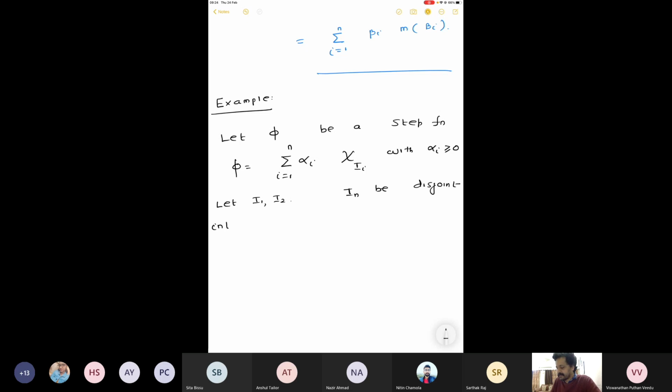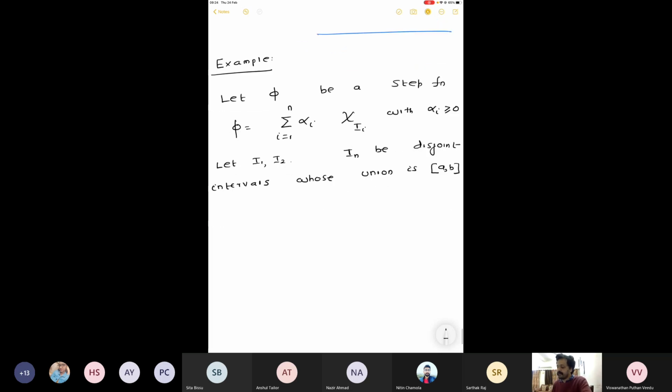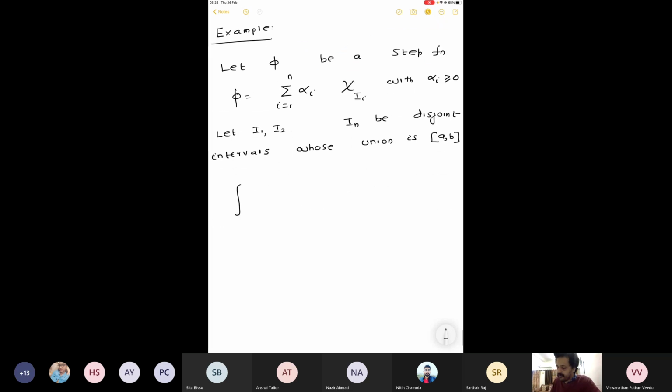whose union is [a, b]. Now I want to find the integral over [a, b] of phi dm.